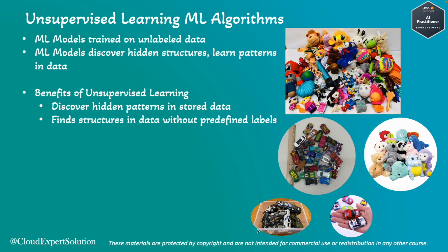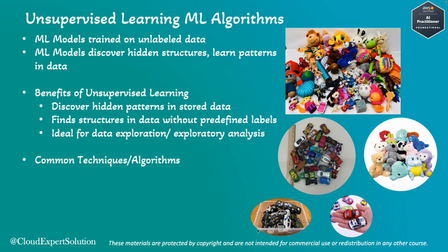If you want to find structure in data without predefined labels, because when you have data in bulk quantity, labeling the data is not always easy. Or this is ideal for data exploration, or maybe exploratory data analysis. If you have any use cases for that, then unsupervised machine learning is the perfect candidate.